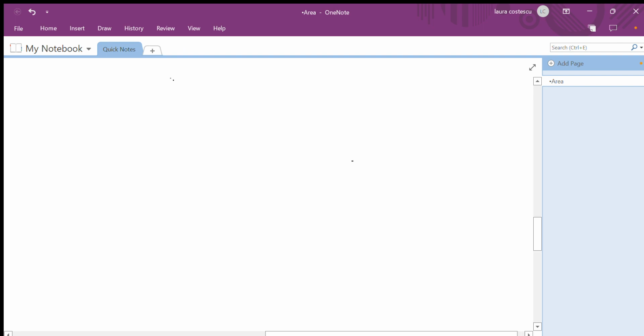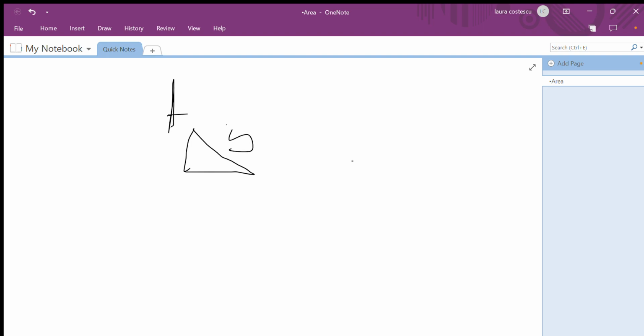Now if you want another area of a triangle, I'll leave you a challenge. So let's say this is here. Okay, so this, let's say it's 5. This is 4. Wait just a second, I did something wrong here.